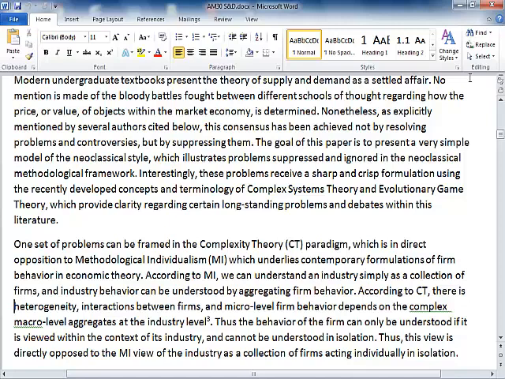It's self-contradictory because if the price is determined by the equilibrium of supply and demand, then the price is endogenous. And once the price is endogenous, then the question is, how do you calculate the supply function? So you calculate the supply function by assuming that the price is exogenous and it varies, and then you ask how the supply changes. So if the price is exogenous, it can't be endogenous, and vice versa.